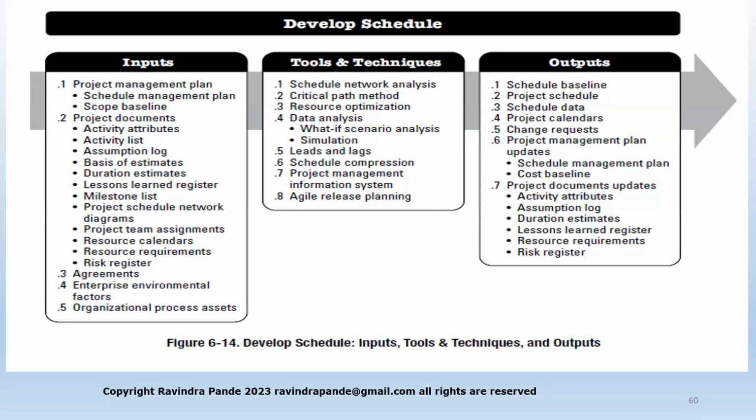And this is how the project team assignments also come into play whenever you develop your schedule, your Gantt chart. So that I know Ravindra has a 6-hour task plan for today, tomorrow, and so on.